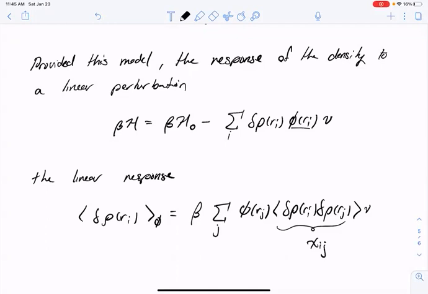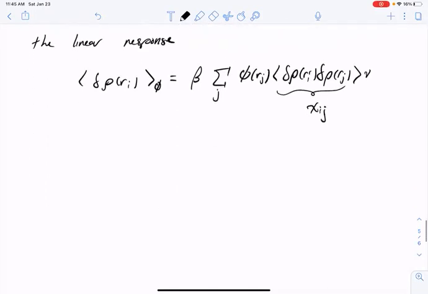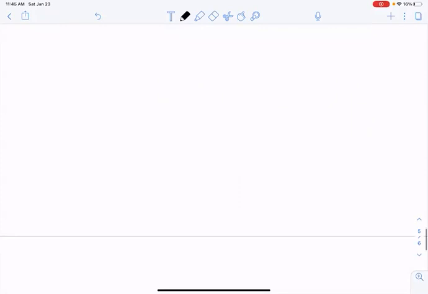So it's worth thinking a little bit about the structure. What should we expect chi ij to actually look like? Because of course that's going to be what dictates the response.